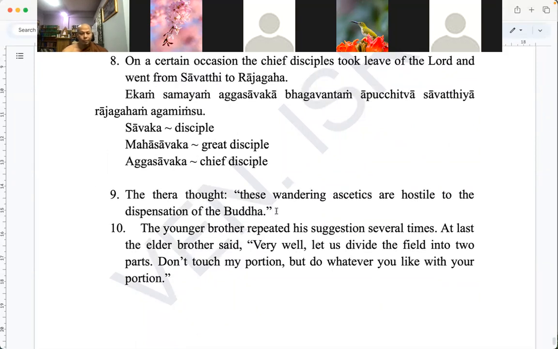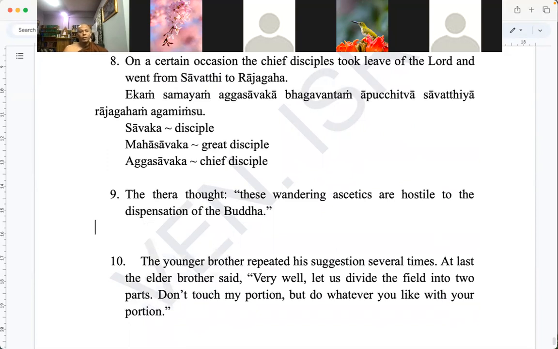Okay, so now number 9. The Tera thought. Tera means Tero. Thought means Jane Daisy. Okay, and then here with the quotation mark, so that will be Jane Daisy. So these wandering ascetics may be hostile.